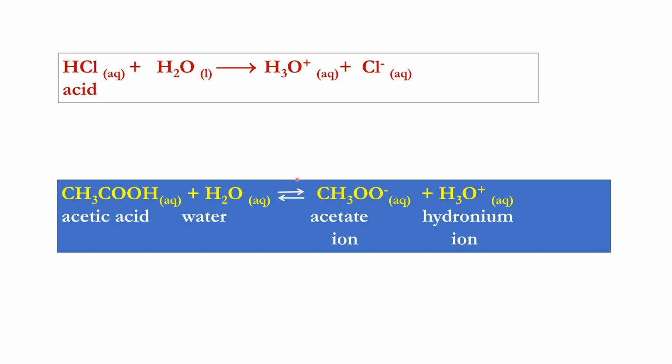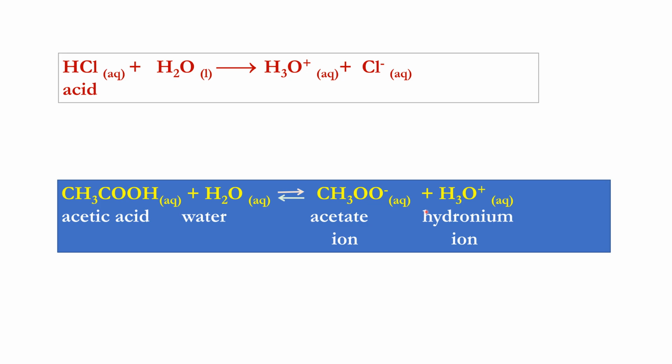So this reaction is an equilibrium reaction. A chemical reaction is in equilibrium when the concentrations of the reactants, acetic acid and water, and the products, acetate ion and hydronium ion, are constant.